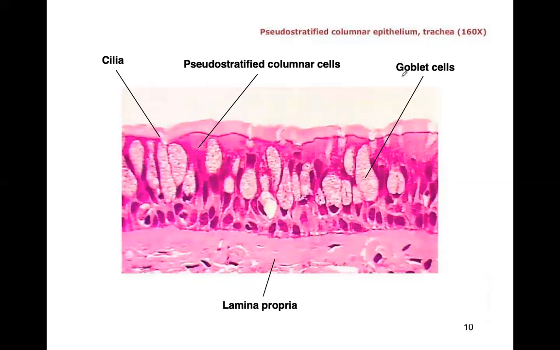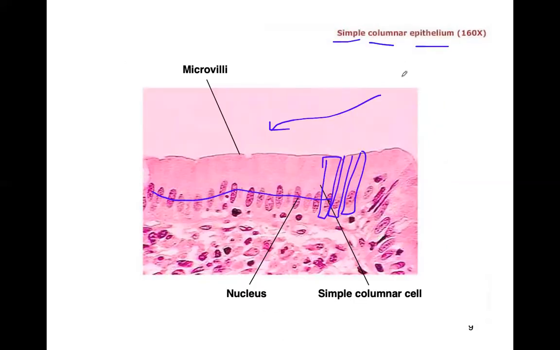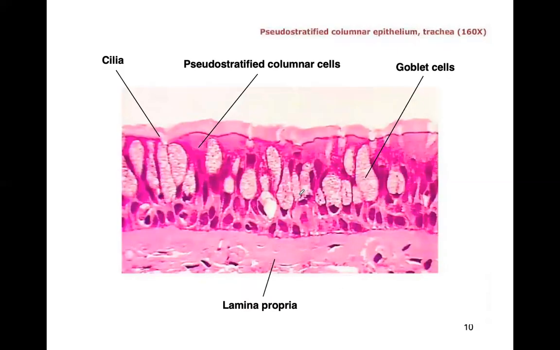Let's look at this one. Now, this one looks a little bit different than this. Let's look at the nuclei and see how linear these are. When we look here, the nuclei are at different levels. Here are some nuclei at this level. Here are some at this level. Here are some at this level. So it's giving the false appearance that it's stratified, but it's really not.